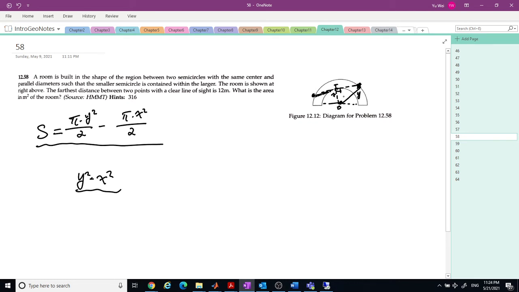Now let's see. So the longest line is 12, right? So here OT is cutting the chord of the big circle, so this is 6. Now by the Pythagorean theorem, we know y square minus x square is 36. So this is equal to pi over 2 times 36, which is 18 pi.